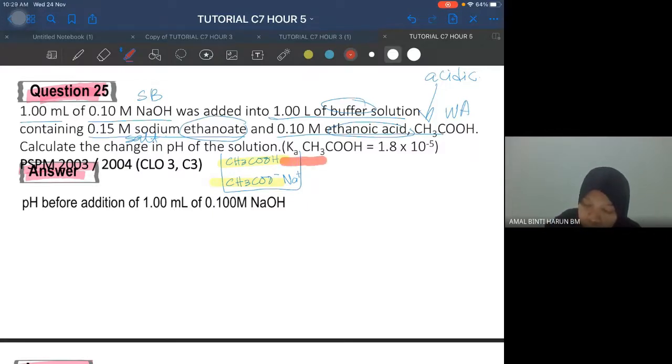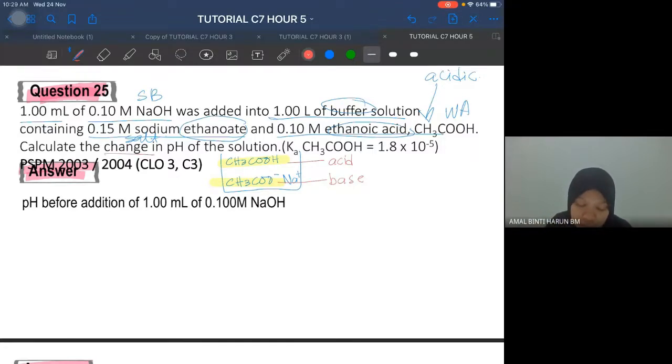So this is the acid component. Acid buat apa? Donate H. CH3COO minus is a base component. Buat apa base? Receive hydrogen.